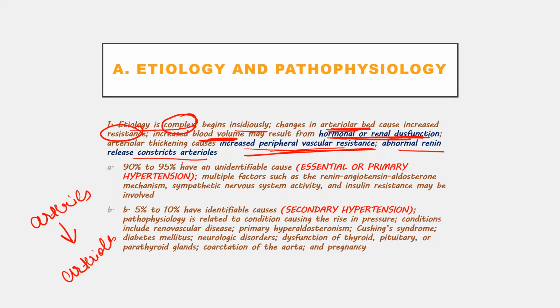So basically the blood vessel in which pressure has increased, that pressure can increase due to abnormal renal constriction, increased peripheral resistance, hormonal or renal dysfunction.